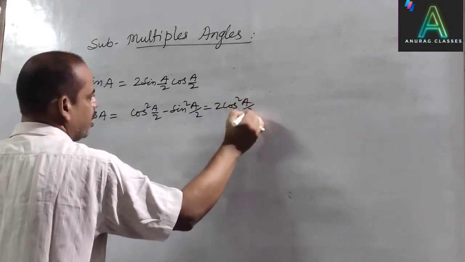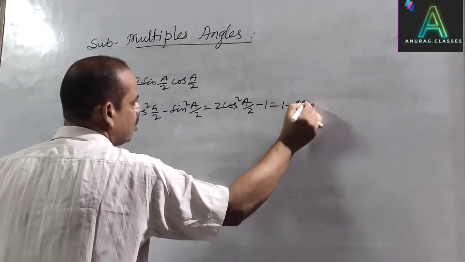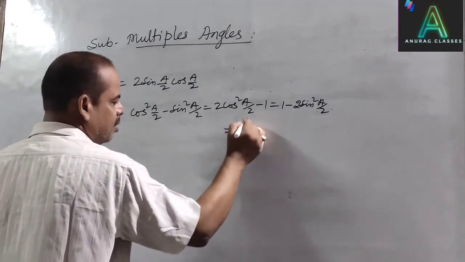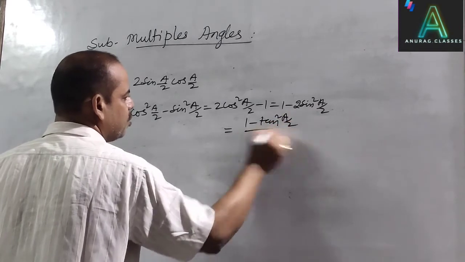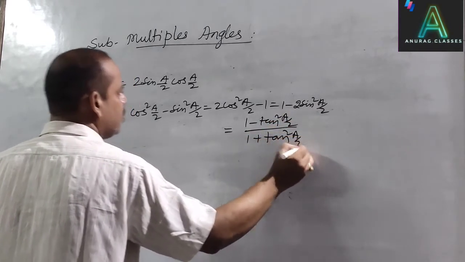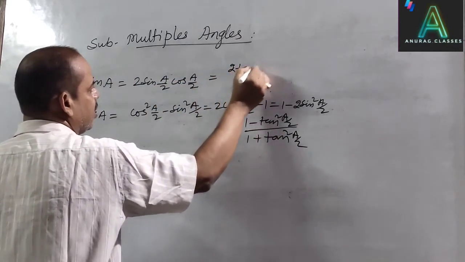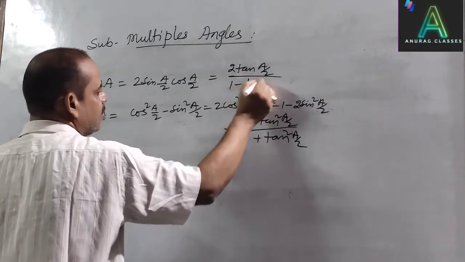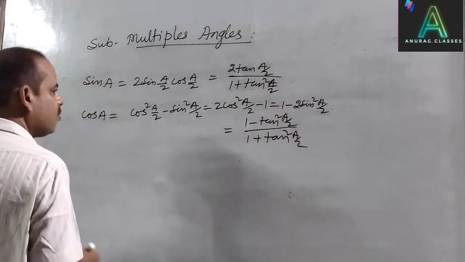2 cos square A by 2 minus 1, 1 minus 2 sin square A by 2, and yes, in the form of tan it is 1 minus tan square A by 2 by 1 plus tan square A by 2. It can also be written in the form of tan as 2 tan A by 2 by 1 plus tan square A by 2.